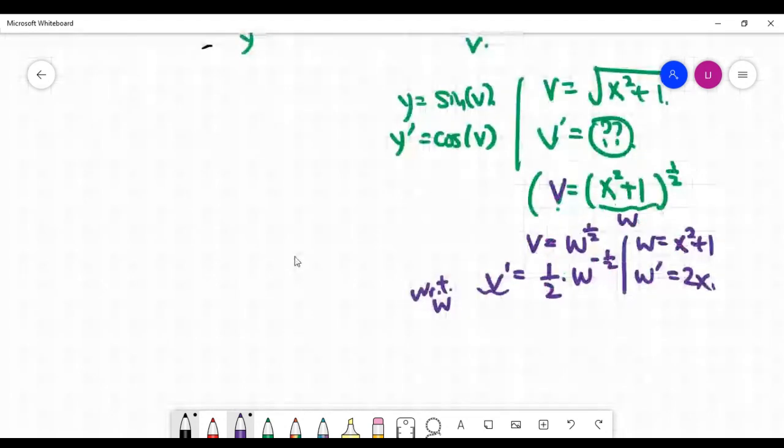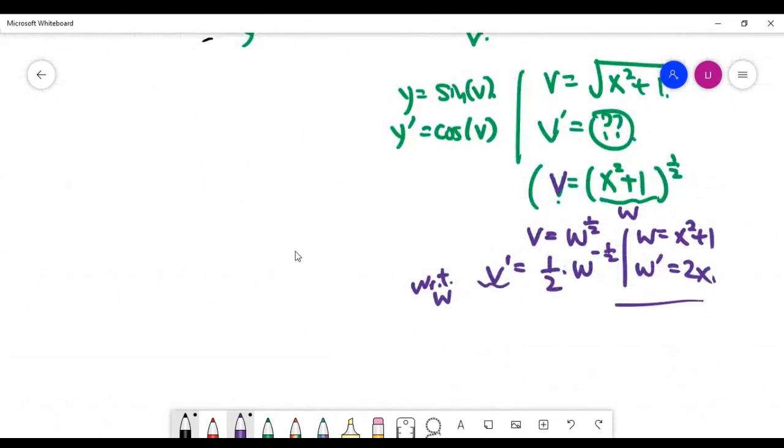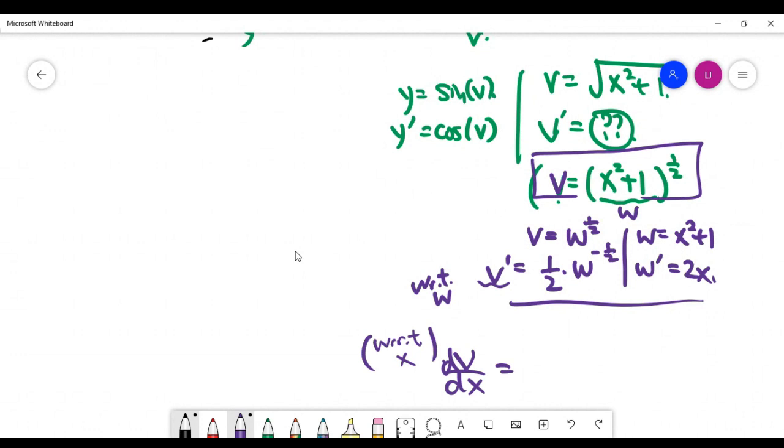So please focus on the purple color. It means v as a derivative of x. I'm talking about v as a function of x. The derivative is going to be the product of these two terms.